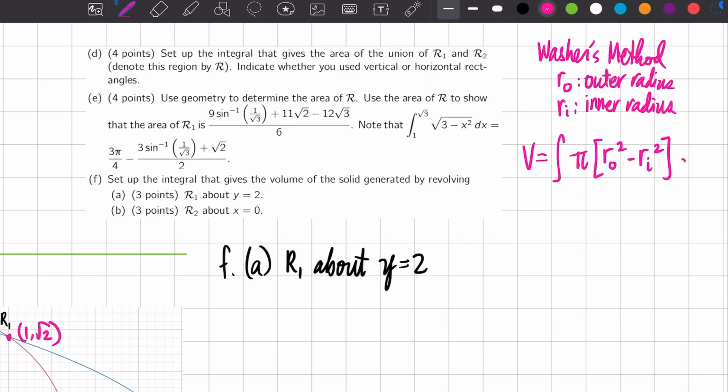And we will differentiate this with respect to whatever variable, so I'll just put x or y. And we do this for the corresponding bounds for x and y. Okay? So that's your washer's method.